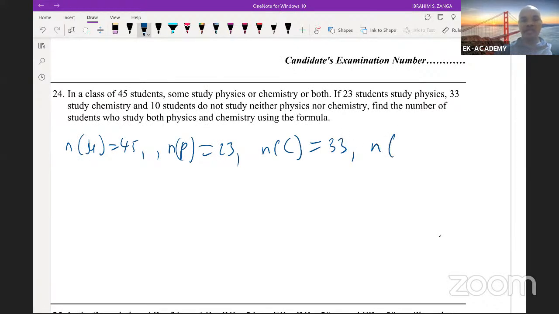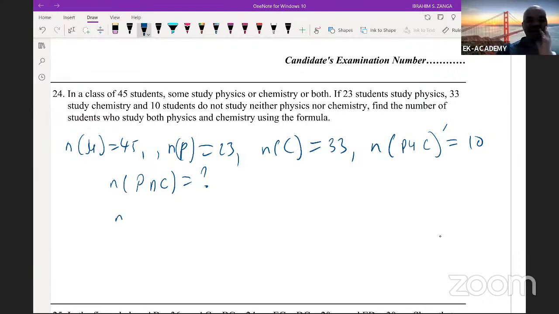The number of those who study neither physics nor chemistry, so that is n of (P union C) complement, equals 10. We're supposed to find the number of students who study both physics and chemistry. It will be how much?